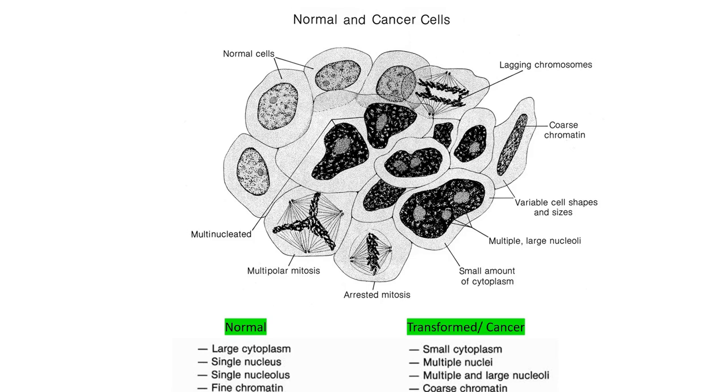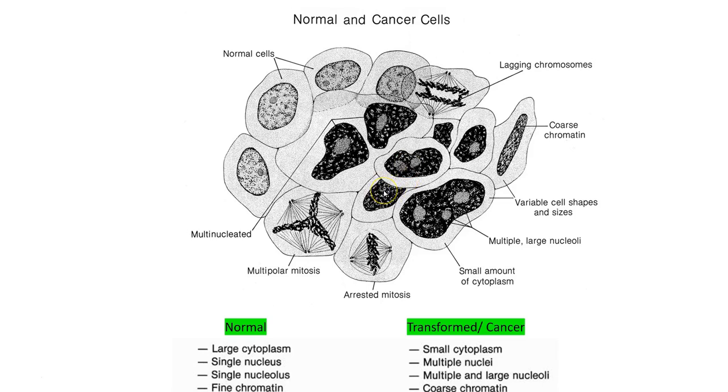You will see cells that have a large variation in size and shape. You will see nuclei that are misshapen, that will not look like typical round, nice, clean nuclei. And you will have lots of nucleoli inside, where they will show up as multiple circles within a single nucleus, and those circles may be large and misshapen many times.